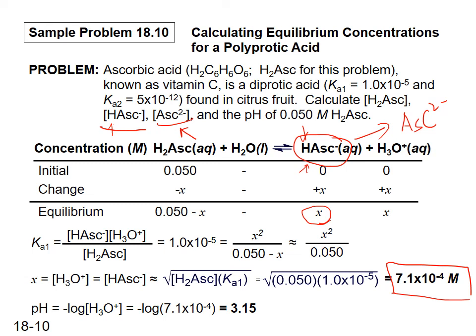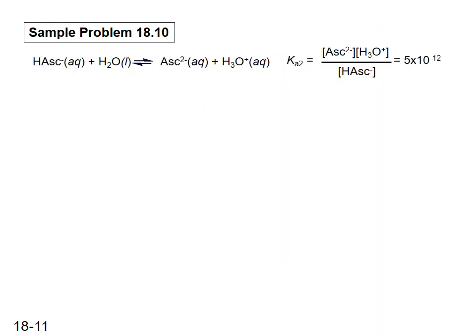In order to calculate the concentration of this anion, we have to look at the second dissociation reaction. Here is the second dissociation reaction. This reaction starts with the anion with 1 hydrogen and gives you the anion with no hydrogen. And this is Ka2, which is the product divided by reactant. In this equation, the reactant is calculated from the previous slide, and hydronium is also calculated from previous slides.